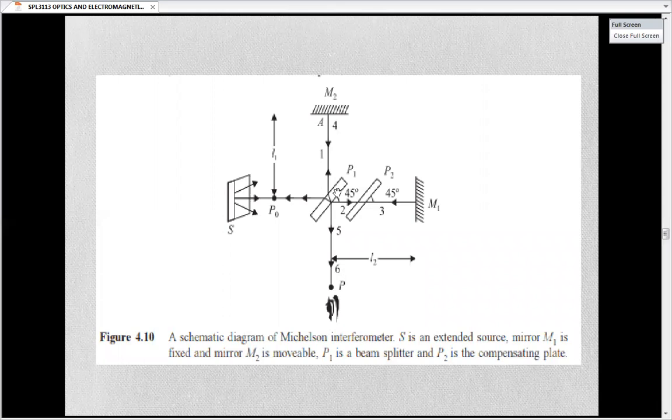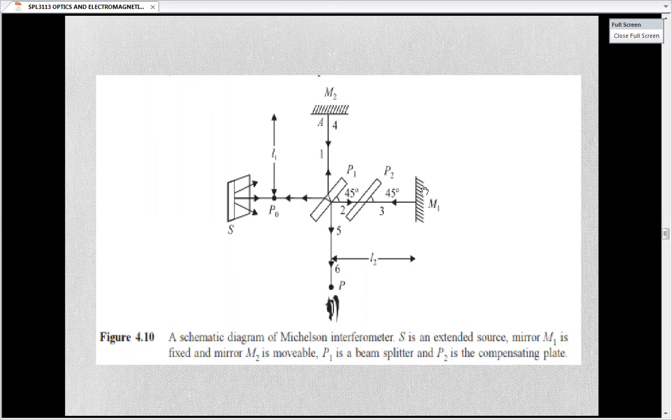And then you have glass P1, which is partially silvered, so that it can do partial transmission and partial reflection. Then the two mirrors are adjustable and they are of very high quality.